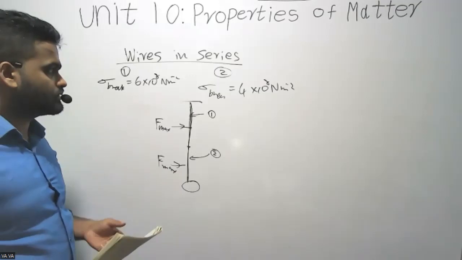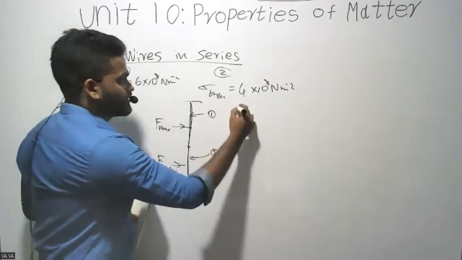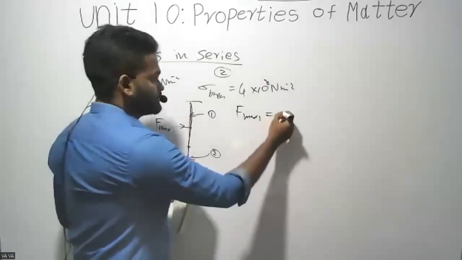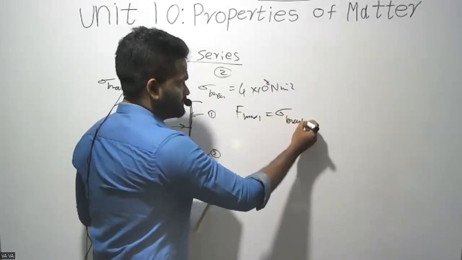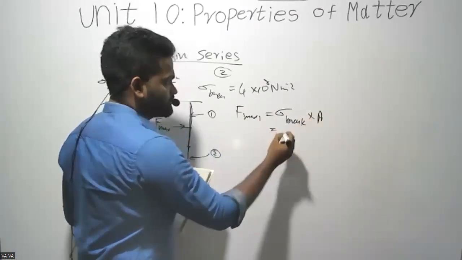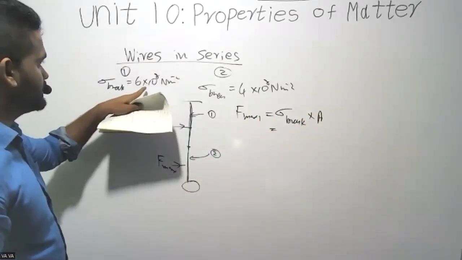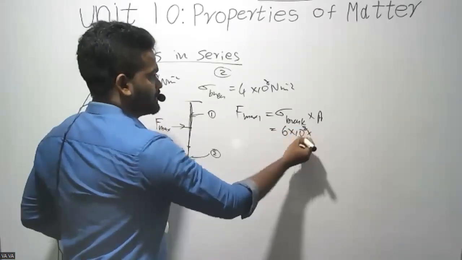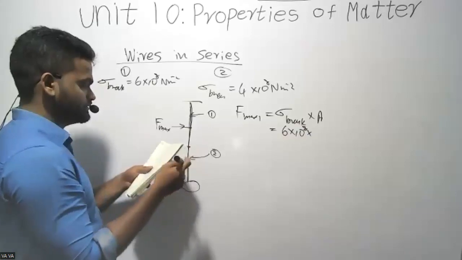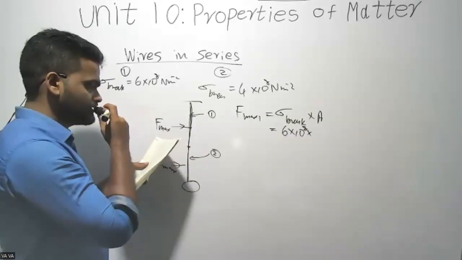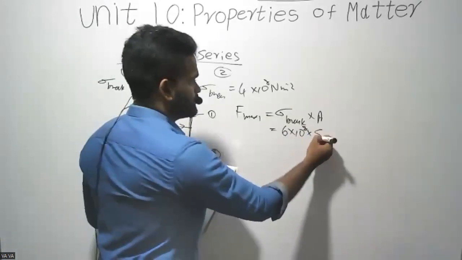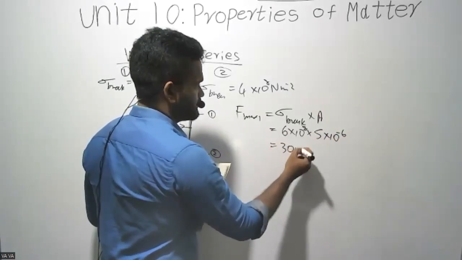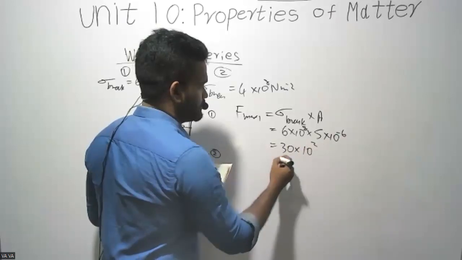So first I have to calculate F max values. I'll calculate F max 1 for the first wire. That is sigma break-in stress times cross section. So for the first wire it is 6 times 10 to the power 8. Cross section is given, 5 square millimeters, 5 times 10 to the power minus 6. So this is 30 times 10 to the power 2.